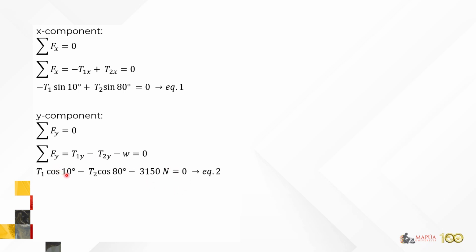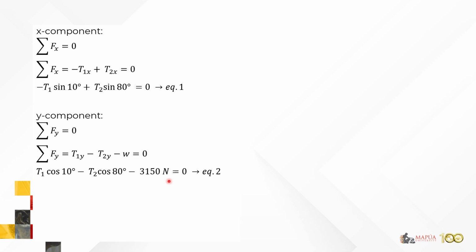Again, hopefully we know how to determine which trigonometric function we're going to use. In this case, we're going to use cosine. Notice for the weight, we didn't write down the trigonometric function, because it will just have a value of 1.